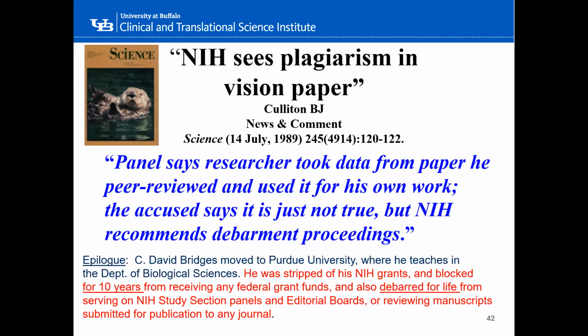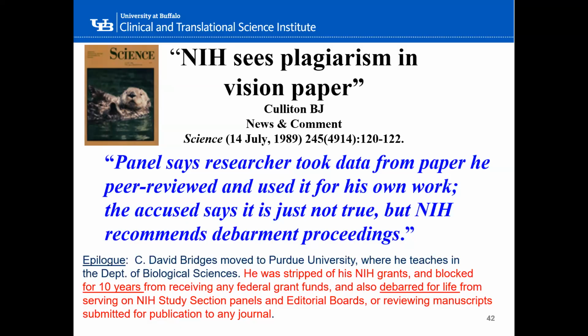So David Bridges, while this inquiry was ongoing, was in negotiation with Purdue University for a faculty position, and he moved to Purdue. Purdue didn't know anything about the ongoing investigation.